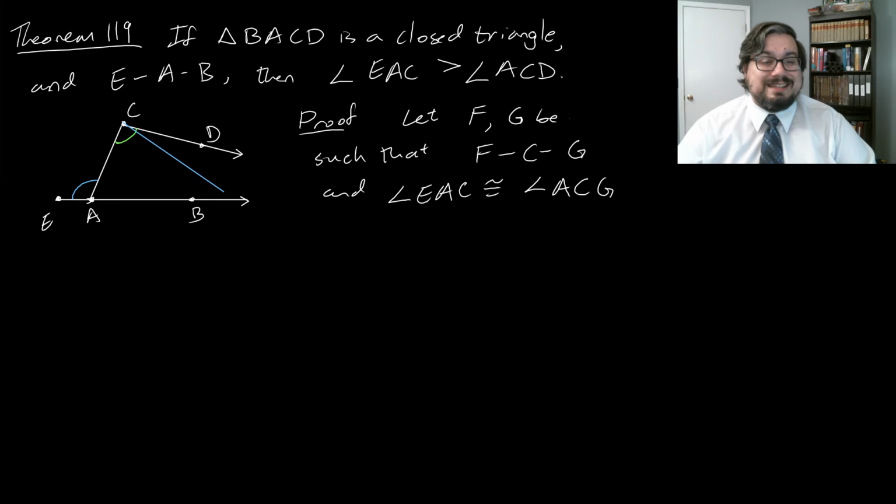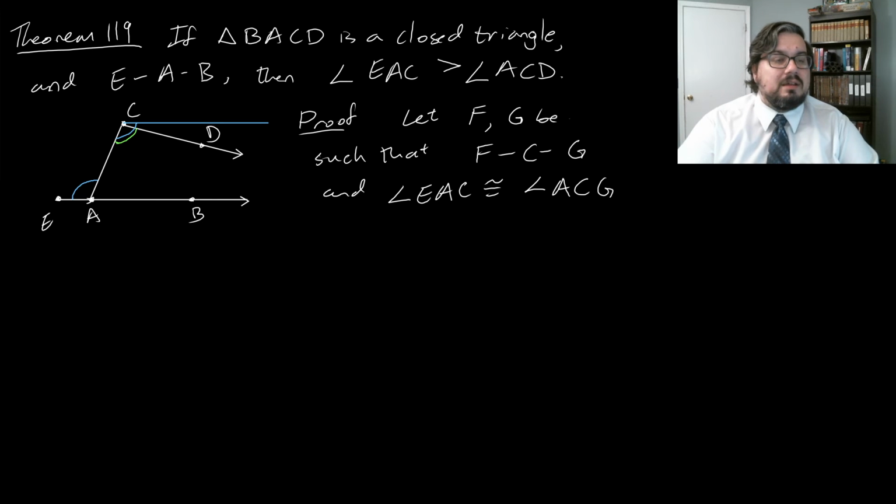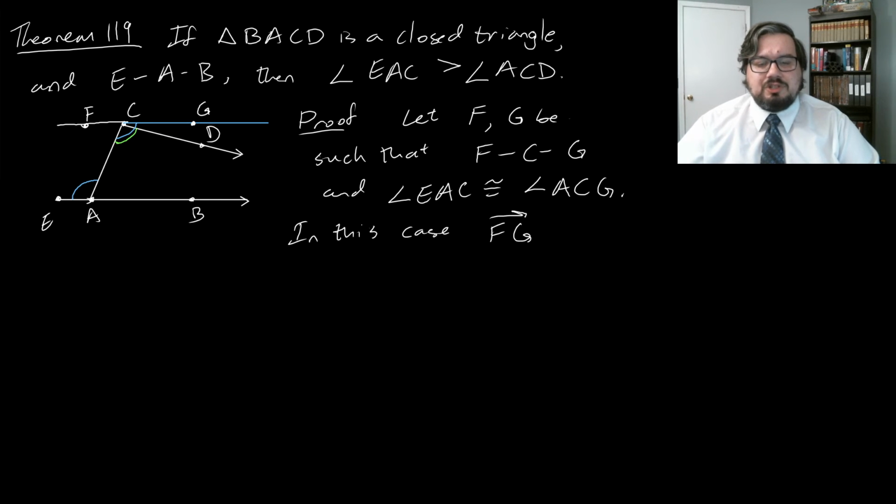So the first thing that we are going to do is note that in this case, we have that the line FG is parallel to the line AB by alternate interior angles.